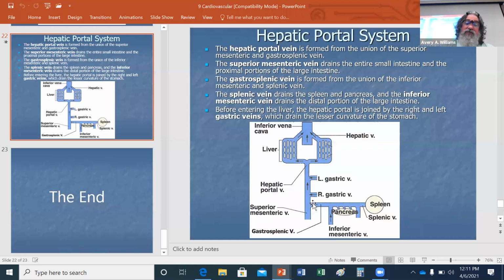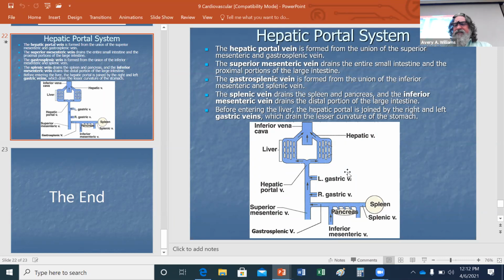And that's what forms the gastrosplenic vein. And the gastrosplenic vein merges with the superior mesenteric vein, and that's what forms the hepatic portal. And then these gastric veins kind of tap into the hepatic portal on its way back to the liver. Okay, does that make sense? I hope.